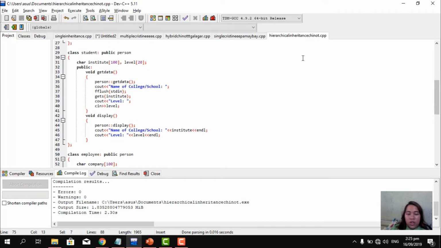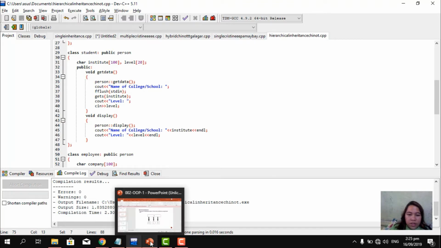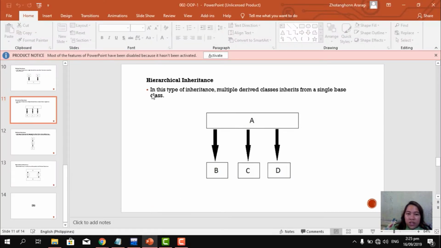So all this is hierarchical inheritance, in which multiple derived classes inherit from a single base class. Like I said earlier, this is a base class and these are derived classes. That's all.